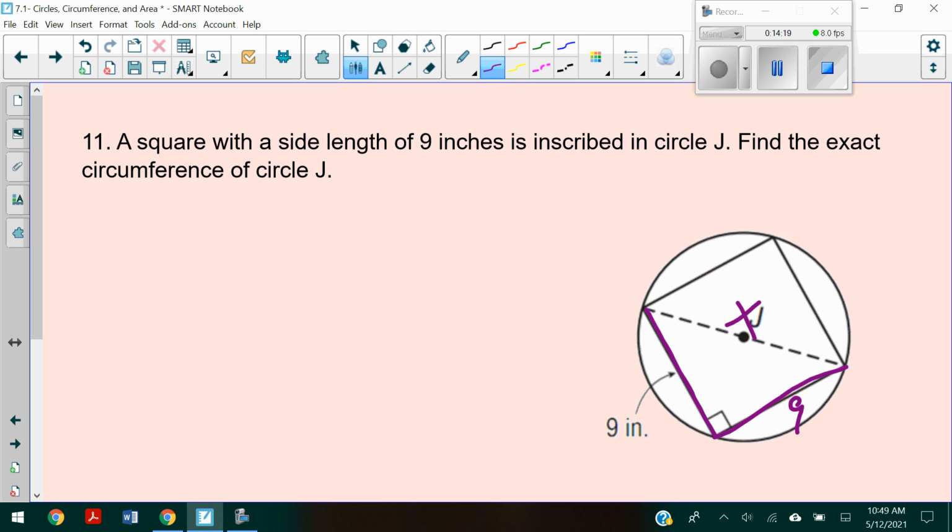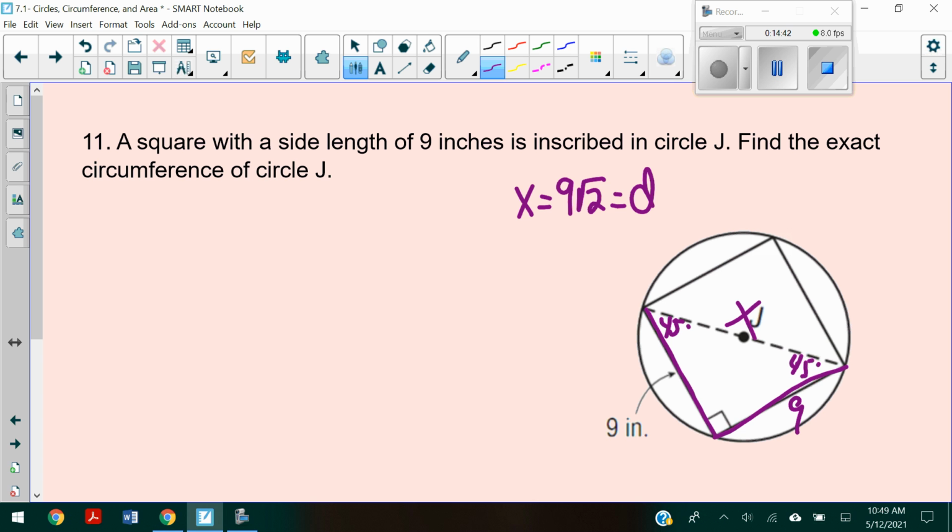So let's go ahead and find that hypotenuse first. Well, geez, how are we going to do that? Well, you can use Pythagorean theorem, or this is a square, so this is a 45, 45, 90. So I know that my hypotenuse, or my diameter, is 9 times the square root of 2.